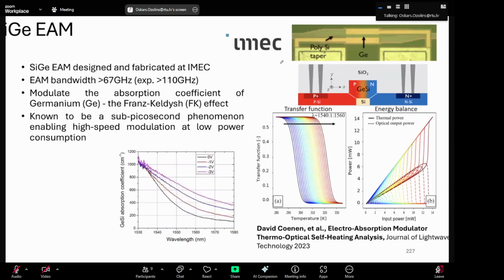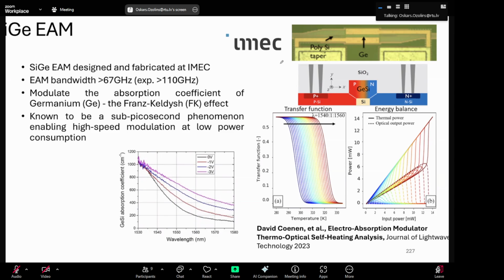Then the last modulator I wanted to cover from intensity modulation direct detection is the silicon germanium electroabsorption modulator. We talked about electroabsorption modulators in previous lectures, just different principles of modulators, how they work.